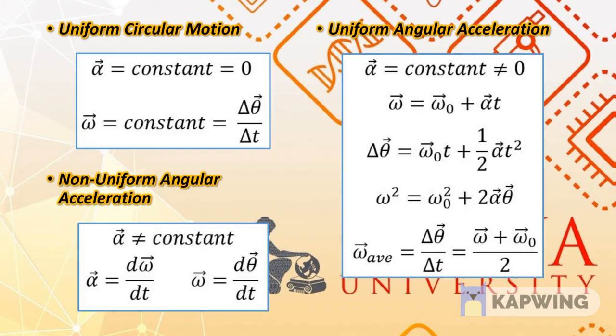For non-uniform angular acceleration, the angular acceleration is not constant. Hence, we have to go back to the two basic equations for acceleration and velocity. Angular acceleration is equal to the rate of change of angular velocity, whereas angular velocity is equal to the rate of change of angular position.